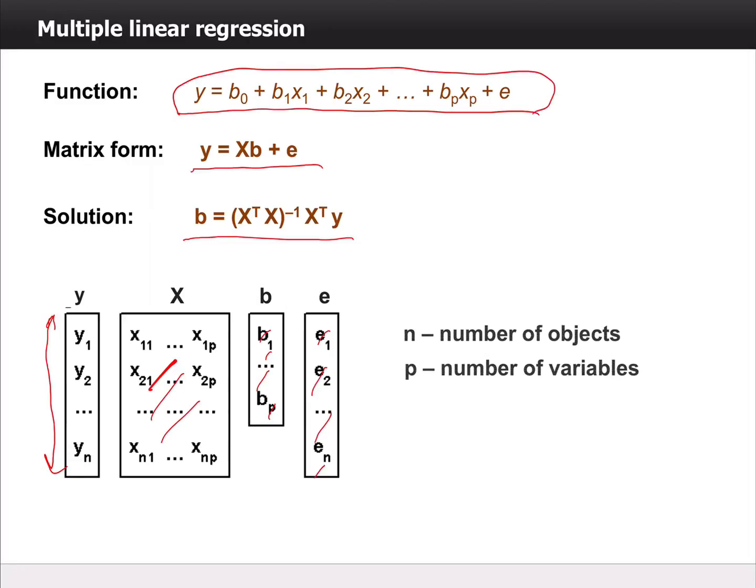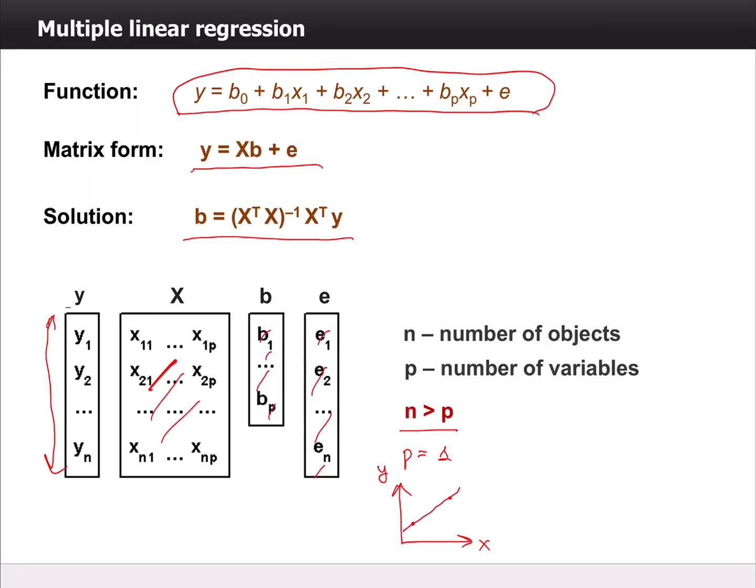If n is the number of objects in your data and p is the number of variables in your data, there is a certain rule: the number of objects should always be larger than the number of variables. Let's say the number of variables is 1, so you have 1 x and 1 y. You need at least two objects to make a line, right?